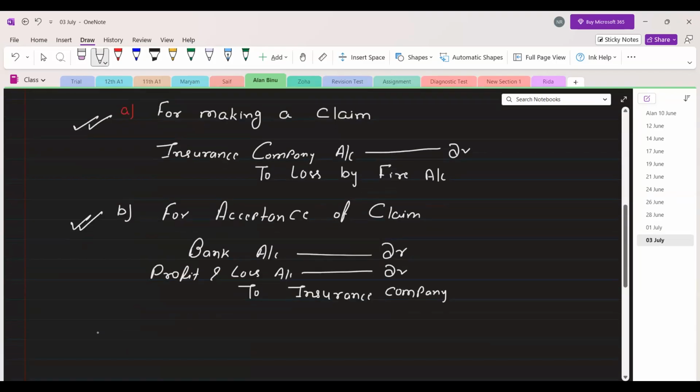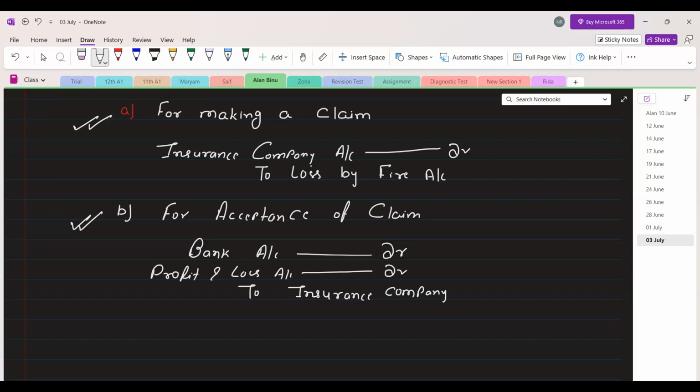For making a claim, you will always make a claim equal to the loss. So the second entry will have the same value as the first entry of loss. If there is a loss of 30,000, we will make a claim of 30,000. And then the insurance company will accept.